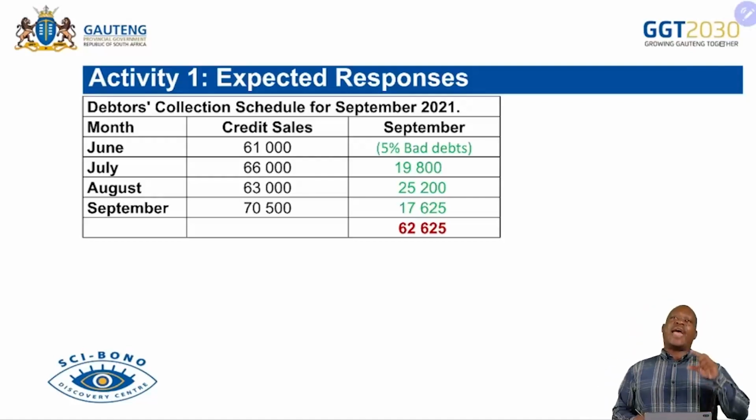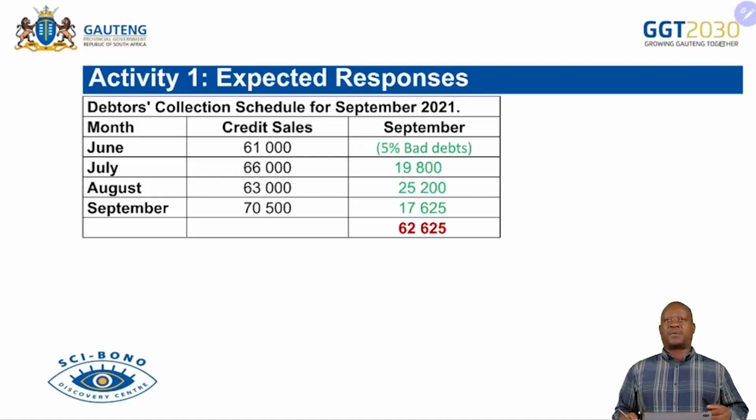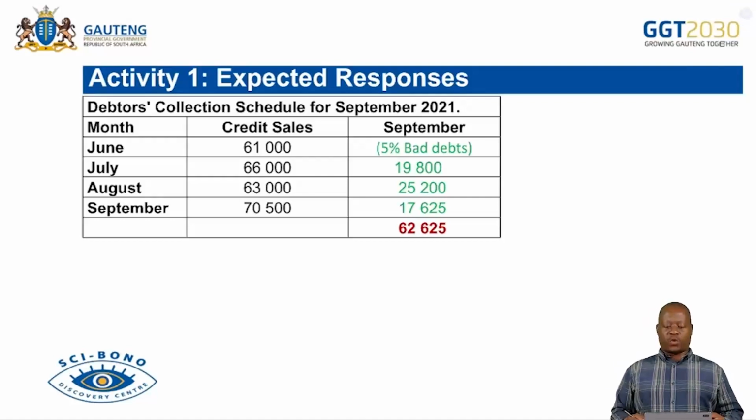What do we do now? We are going to add those three collections. I'll repeat, the three collections, because bad debt is not a collection. So we add 19,800 plus 25,200 plus 17,625 to get a total of 62,625.